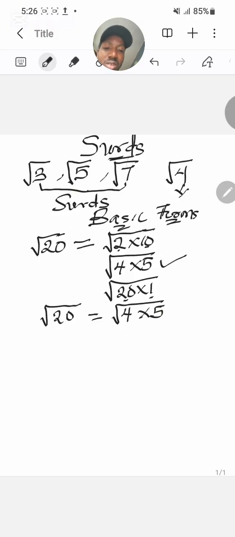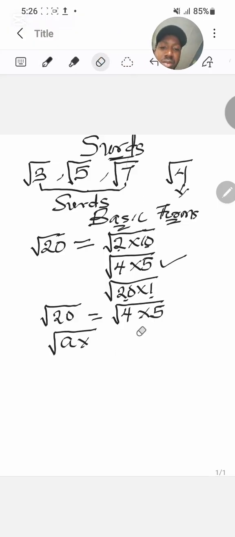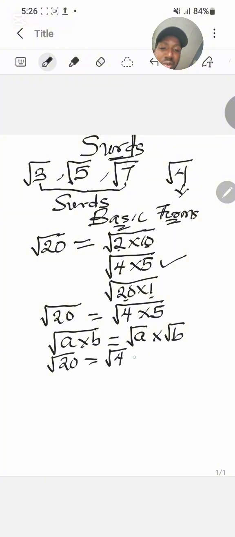There is a law in surds that states that if you have square root of A times B, this is equal to square root of A times square root of B. So square root of 20 is equal to square root of 4 times square root of 5.